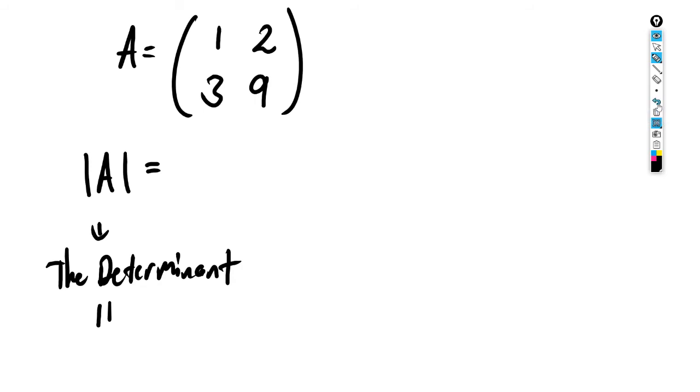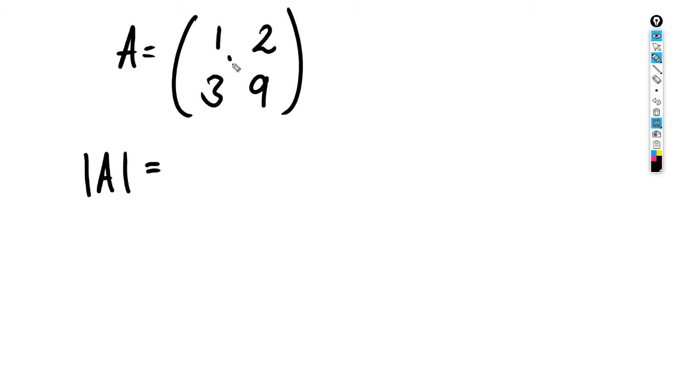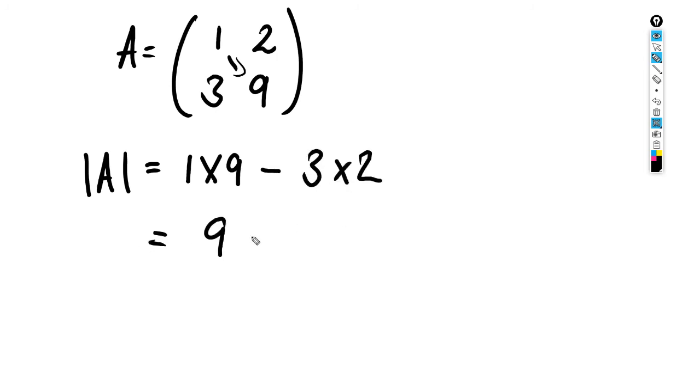Now, let's remove that there, and let's find the determinant of this matrix in the example. To find the determinant, we'll multiply the main diagonal, which is 1 times 9, minus the other diagonal, which is 3 times 2, right? So we're going to get 9 minus 6 is equal to the determinant, so the determinant is equal to 3.